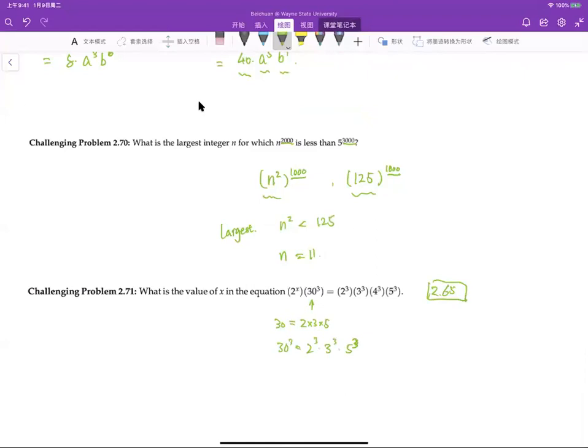Right? So then we just divide both sides by this product to calculate 2 to the x. So 2 to the x will be equal to the quotient. Right, so then you can figure out the exponent x in this case.